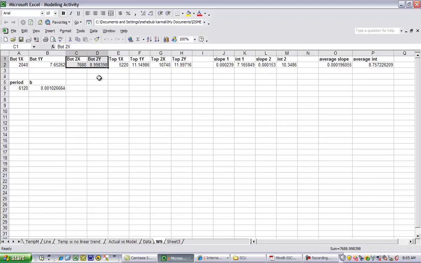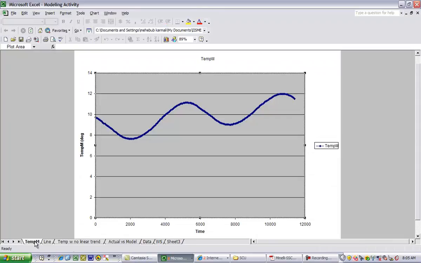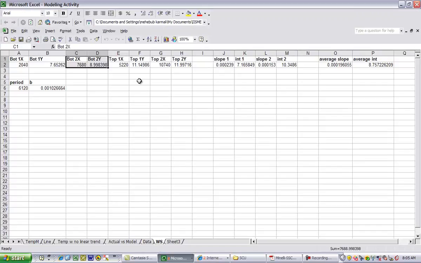All right, then you're going to do the same thing for the upper part of the line. That would be this peak here and this peak here. Again, get the two xy coordinates for each of them and record them in the next two sets: top 1x, top 1y, top 2x, top 2y.